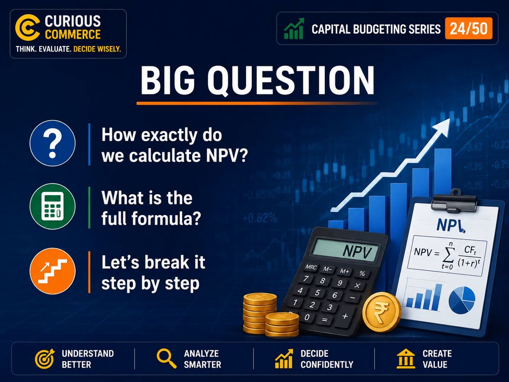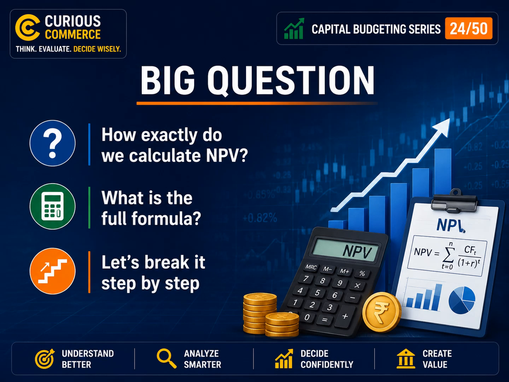In today's capital budgeting series, we are going to learn one of the most important concepts in finance, that is, the complete net present value formula calculations. Many students understand the idea of NPV theoretically, but when numerical problems come, confusion starts.